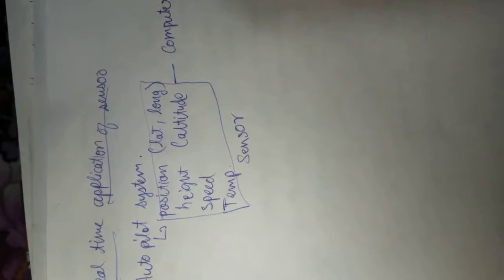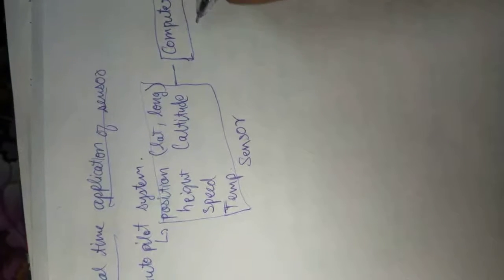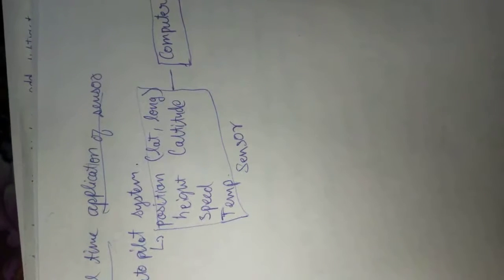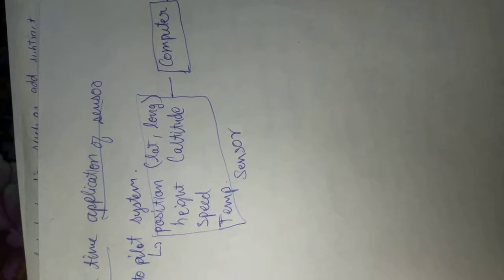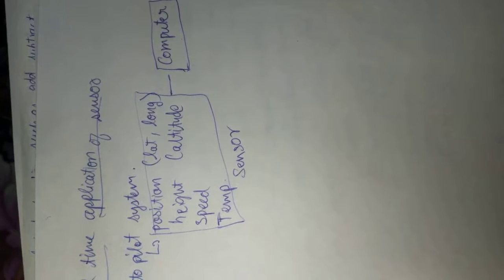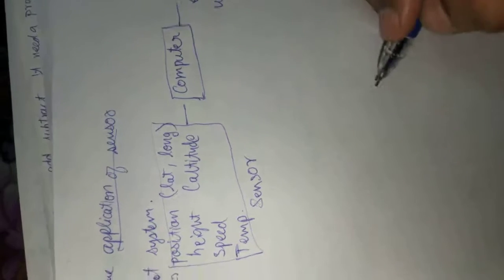and based on these sensing values the computer will take a decision and it will give an output in the form of engine throttle, wings movement for direction and altitude change.